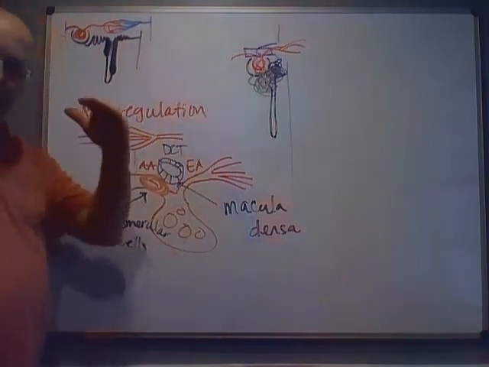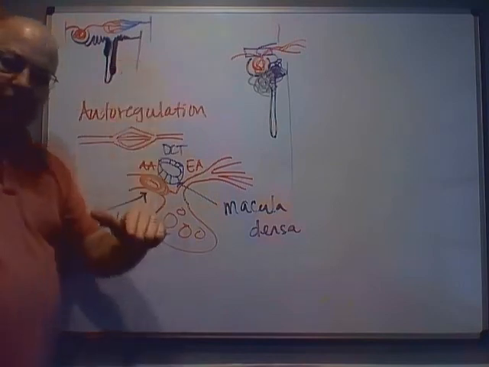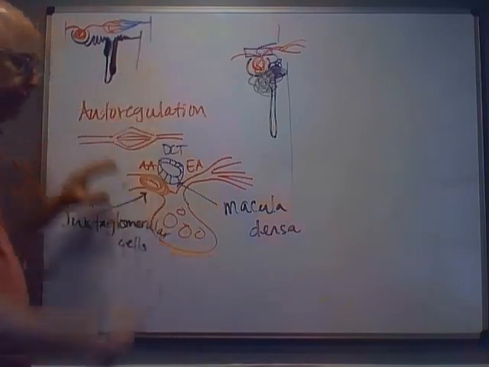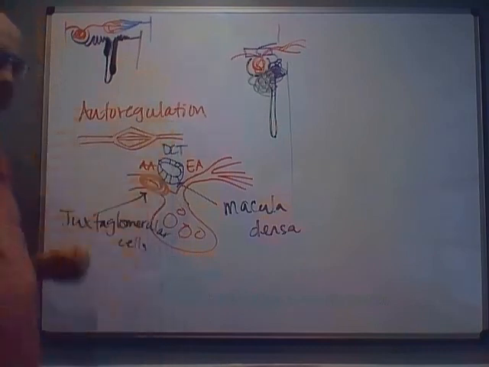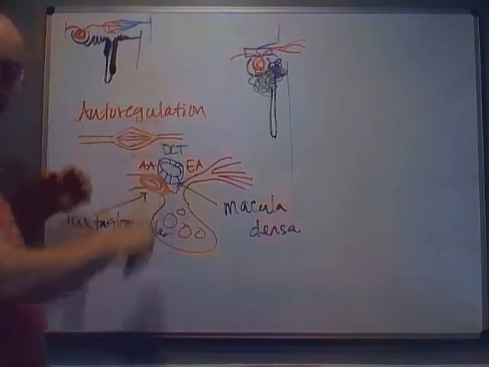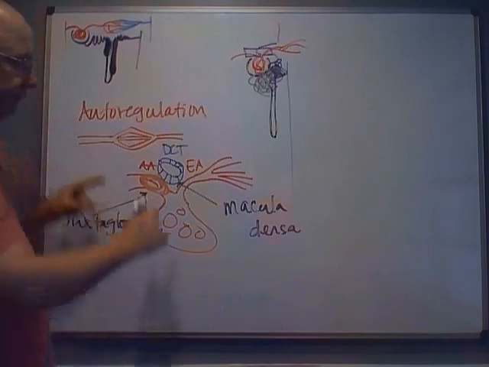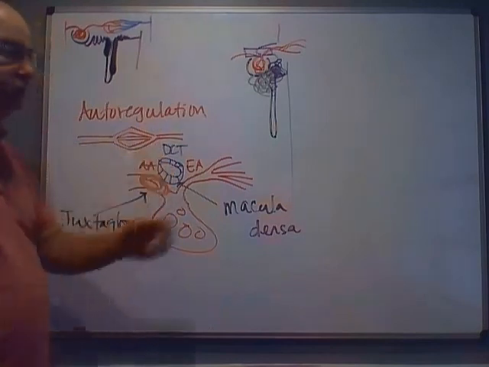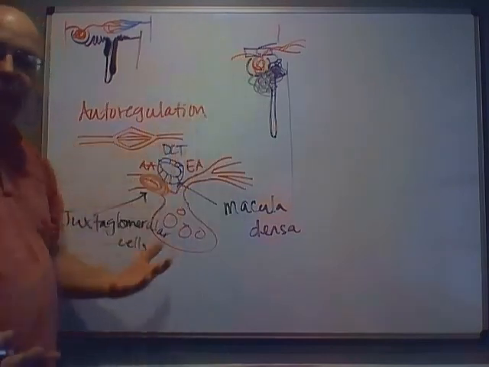So I don't want my glomerular filtration rate to drop if blood pressure drops. So the kidney has the ability to make its own adjustment by dilating and constricting the afferent and efferent arterioles. The reason it's important to have two arterioles is that if there was a venule here, we could not do that.